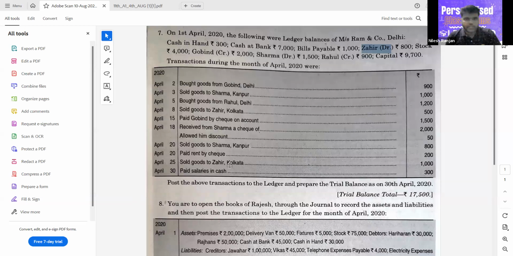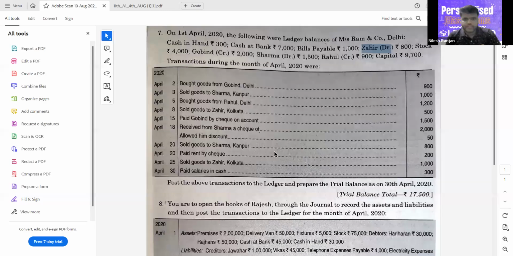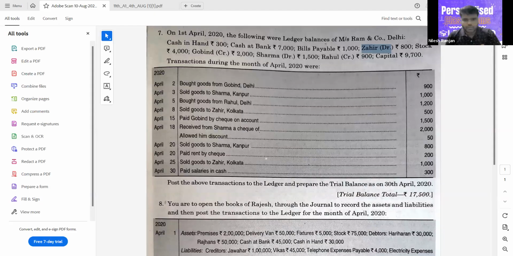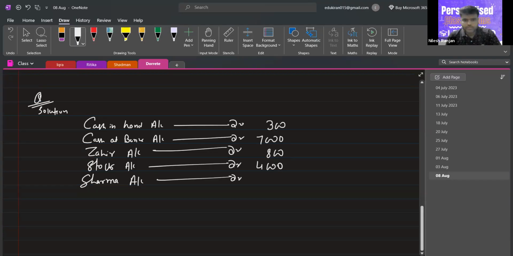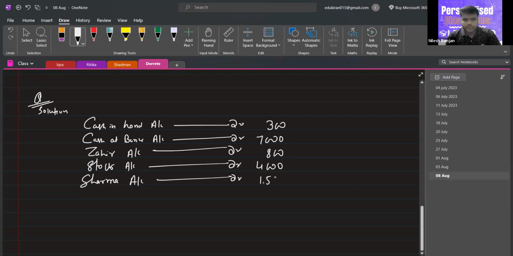Okay, now we'll write the amount of debit side items: 307,000. After that, 800. Stock 4,000 and 1,500. Now, two, what are the items?